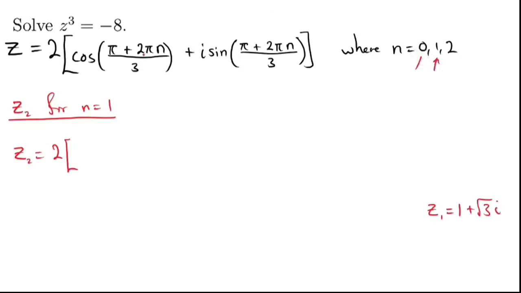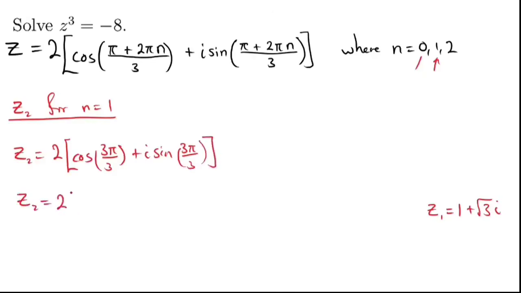So if I replace n with 1, this will become cos of pi plus 2 pi, so pi plus 2 pi gives us 3 pi over 3, plus I sine. Same thing here: if I replace n with 1, it will be pi plus 2 pi, giving us 3 pi over 3. Now 3 pi over 3, the 3 cancels, leaving us with only pi.